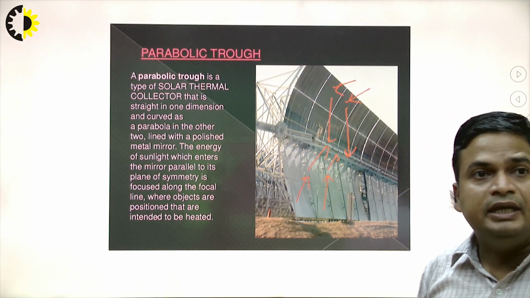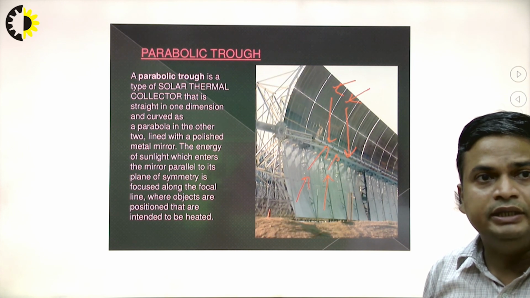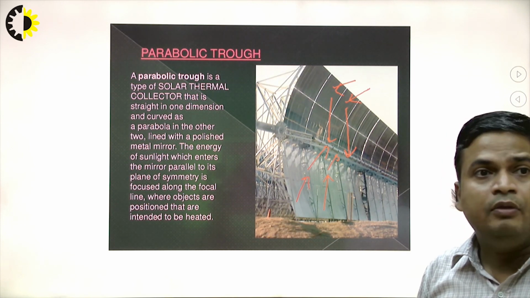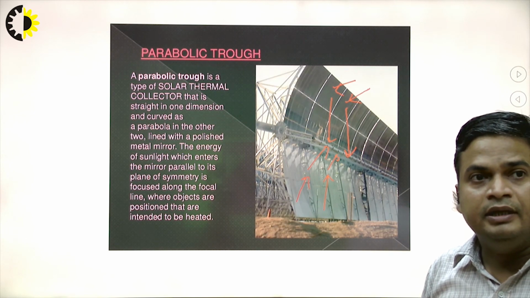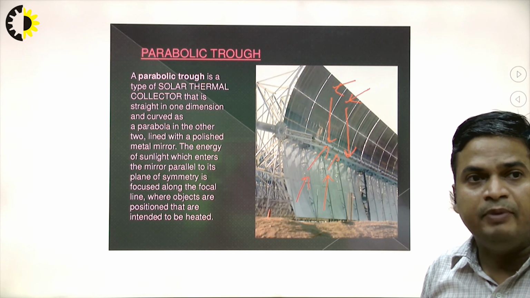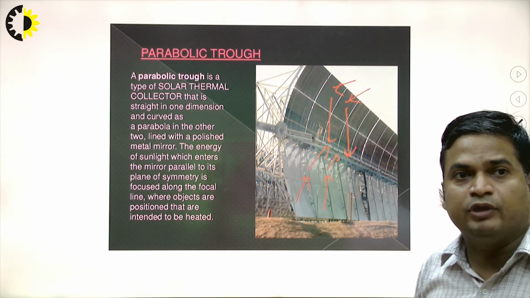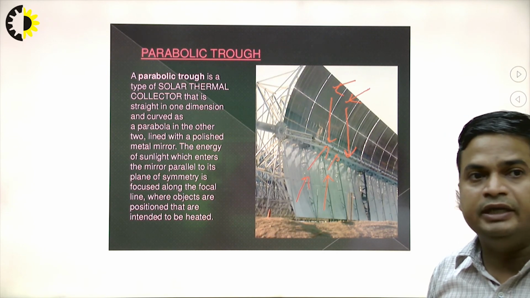It is a straight line in one dimension and curved as a parabola in the other two, lined with a polished metal mirror. The energy of sunlight which enters the mirror parallel to its plane of symmetry is focused along the focal line, where objects are positioned that are intended to be heated.